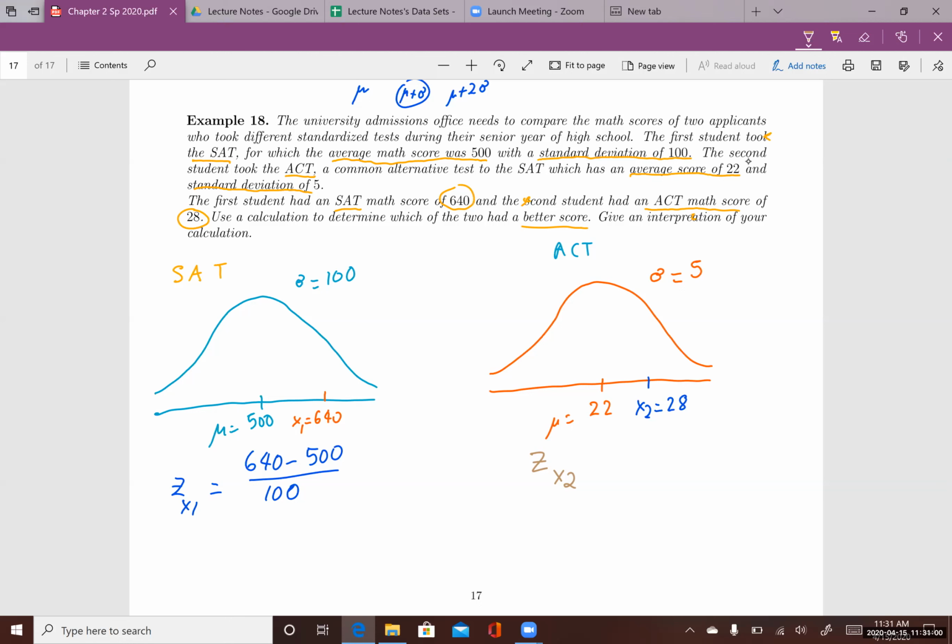In order to find the z-score, you have to use the mean and the standard deviation in the same distribution. So it should be 28 minus 22 divided by 5, which is 1.2. And 640 minus 500 divided by 100 is 1.4.